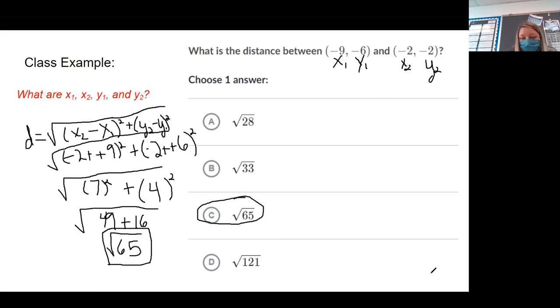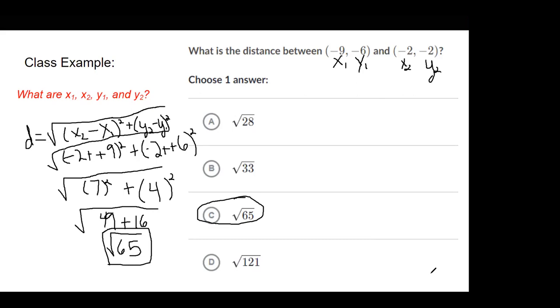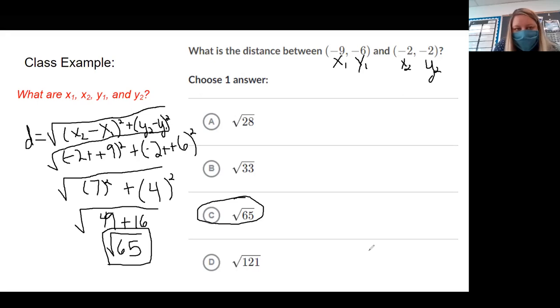But why do you think they didn't actually take the square root? Does anybody know? Why didn't they take the square root? It would have given a bigger number.